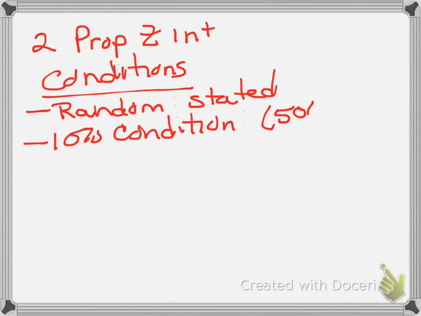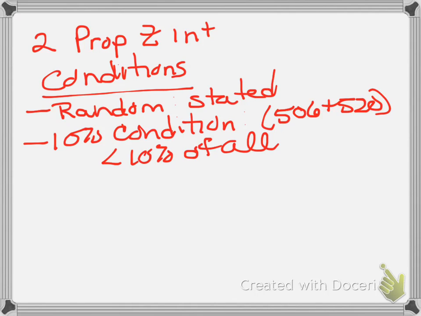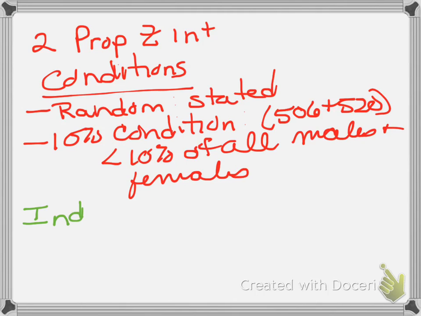So 506 plus 520 is less than 10% of all males and females. All right, now we have a new group called independent groups. And whenever we are doing 2, we have to prove that one group does not influence the other group.